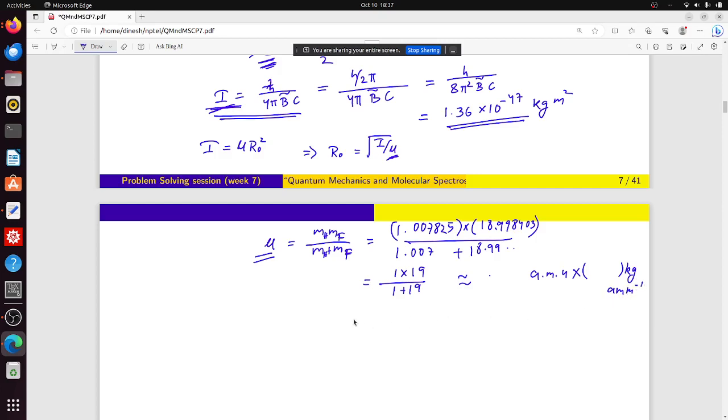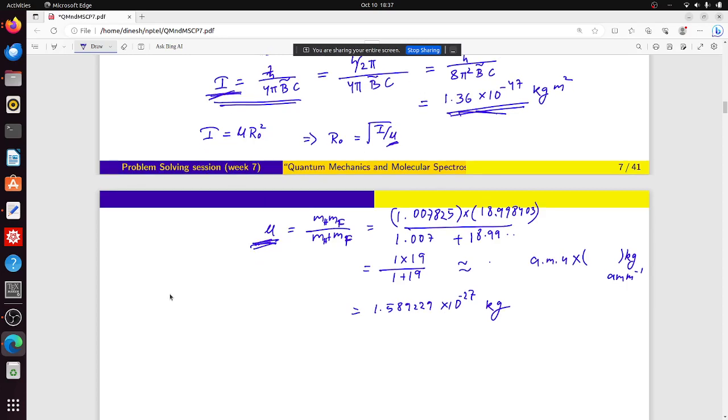So this will give us finally 1.589229 times 10 to the power minus 27 kg, right? So we already got mu, we have I from here, so it's pretty easy now.